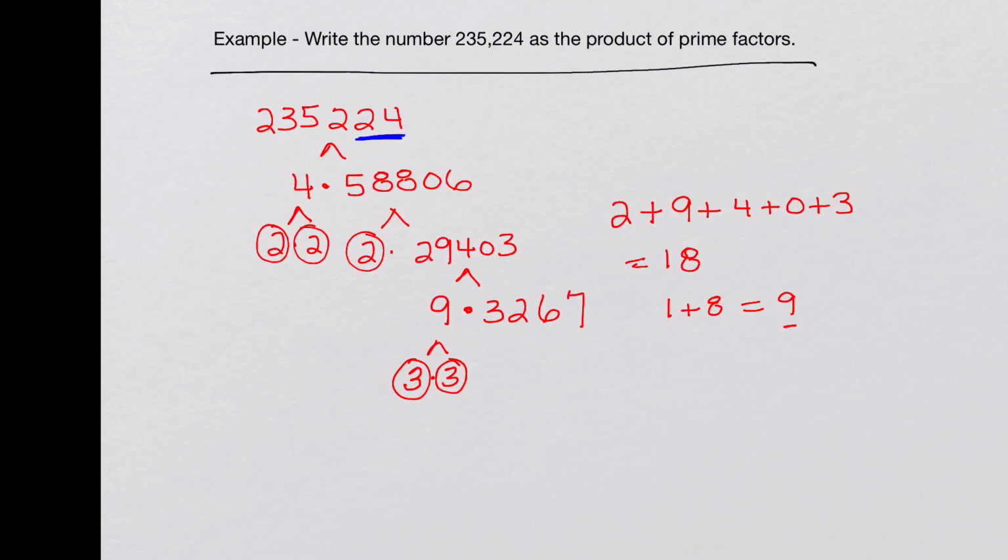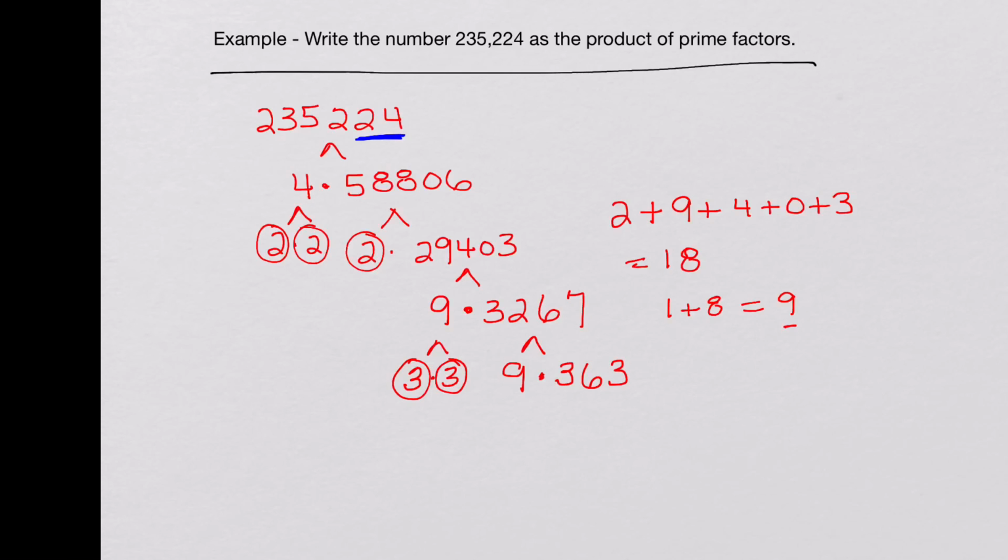All right, and how about 3,267? Is that divisible by 3? 3 and 2 make 5, 6 makes 11, and 7 makes 18. Okay, so we can divide out another 3. Oh, we could divide out another 9. Let's do that. So 9 into 32 goes 3 times, and that is 6 and 3.